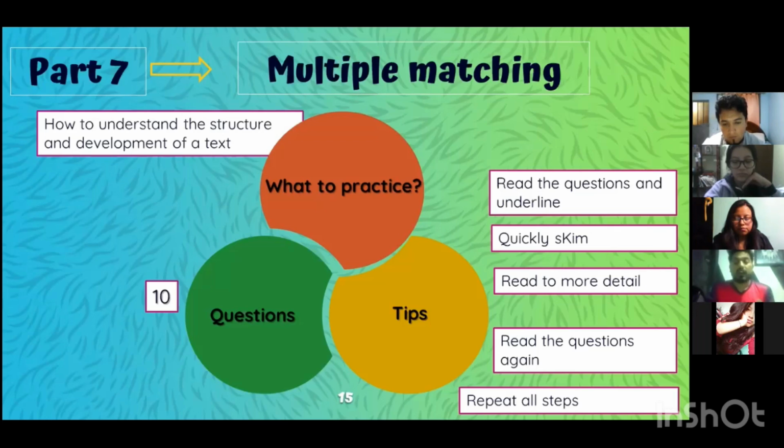The second one is quickly skim and read all the text and write 1 or 2 words next to each section. Then we have to read the sections in more detail. Then read the questions again, and for the last part, repeat all the steps.